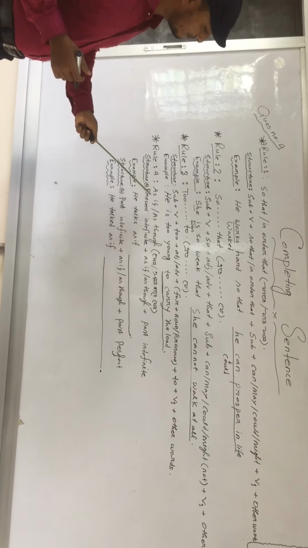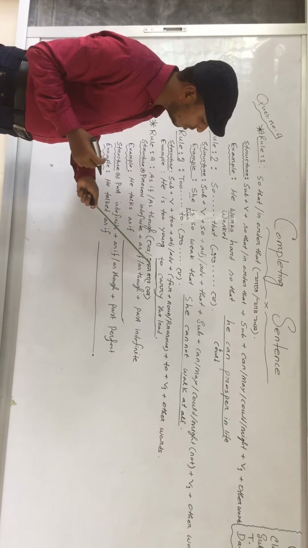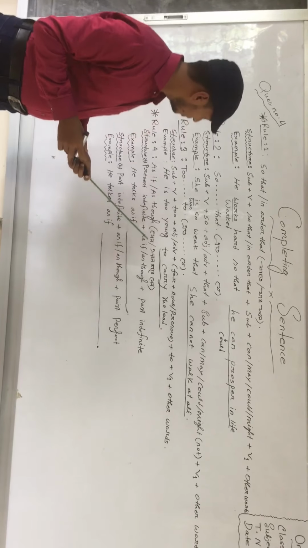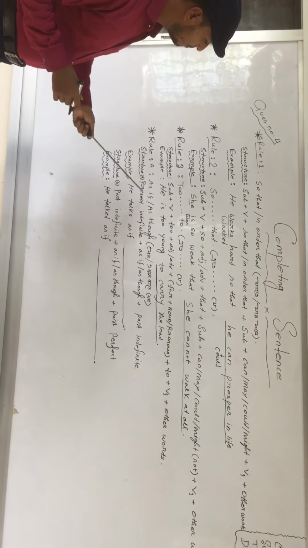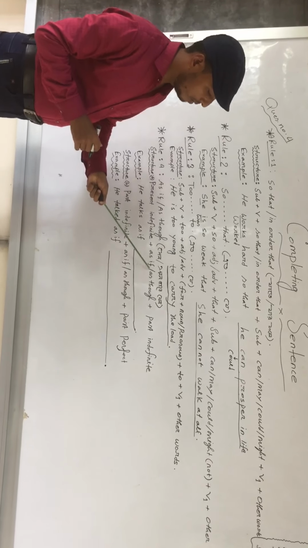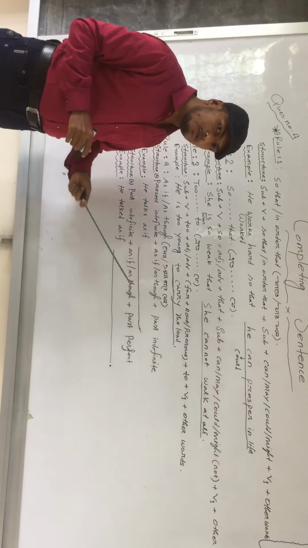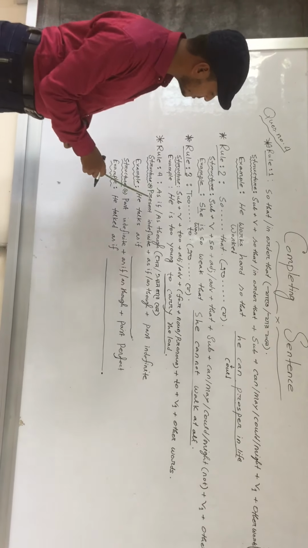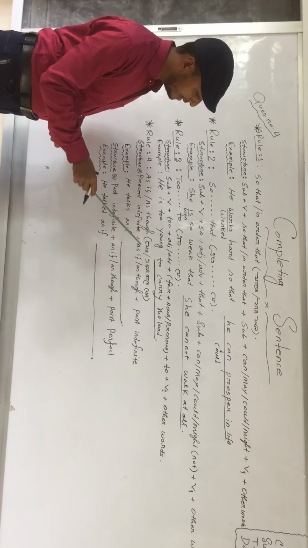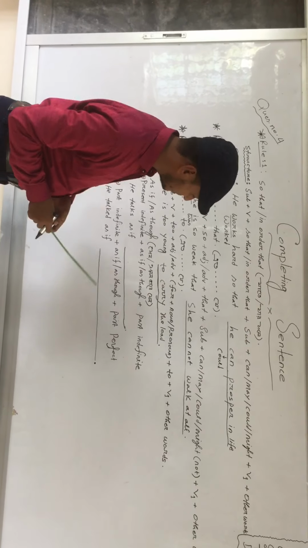As if or as though. The Bengali meaning is "jeno" or "emon bhabe jeno". Structure: present indefinite plus as if or as though plus past indefinite. My dear students, you know that if the first clause is present indefinite, then after as if or as though, the second clause will be past indefinite tense.